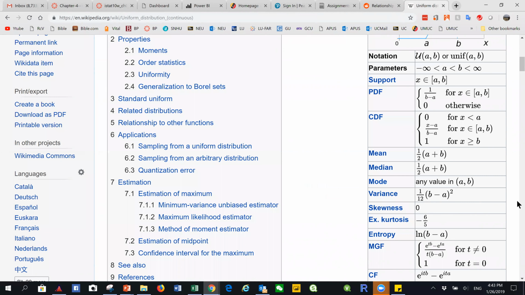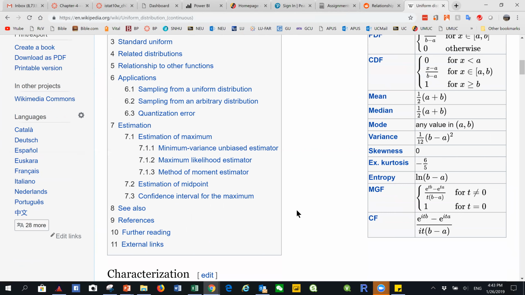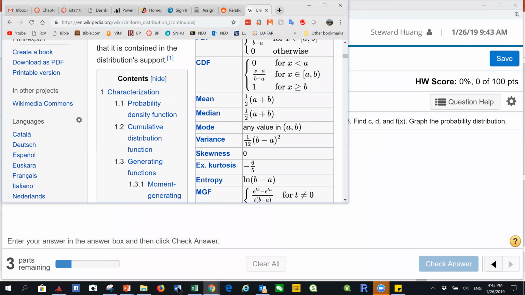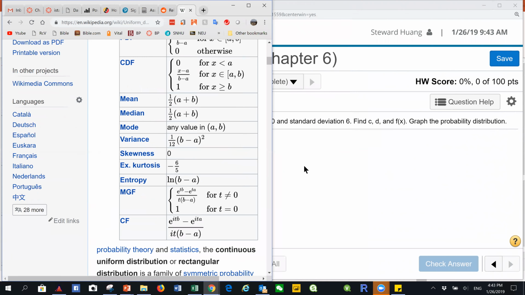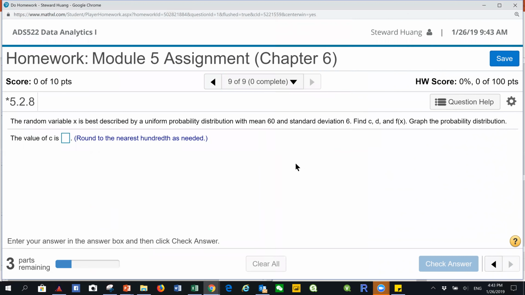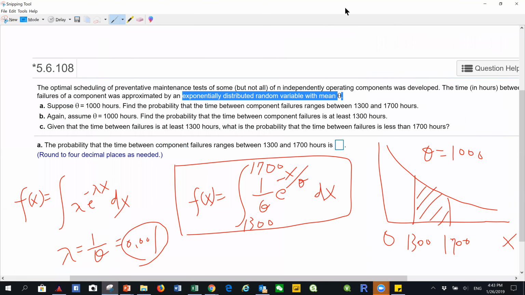What you need to do is solve the equation.